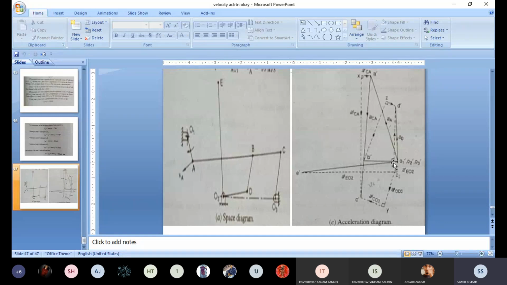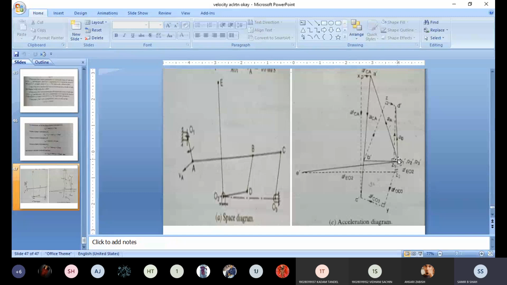Now from point Z1, draw the perpendicular line which is considered as the tangential component of O2D, that intersects ZD dash and Z1D dash at D dash.